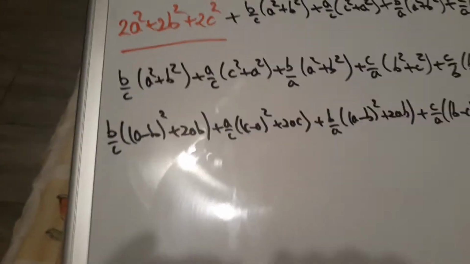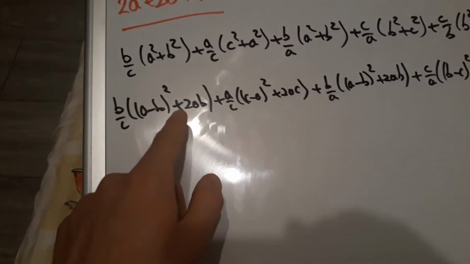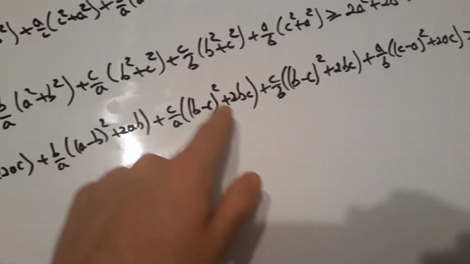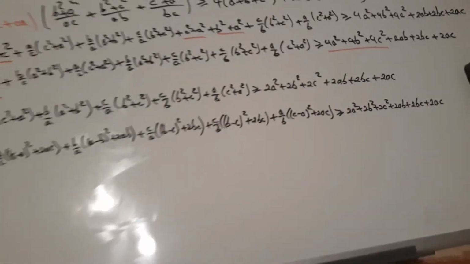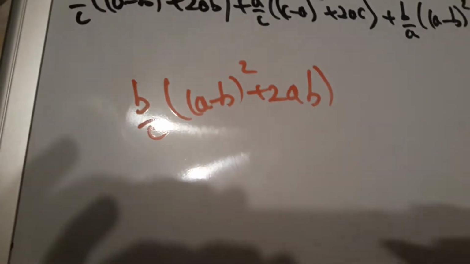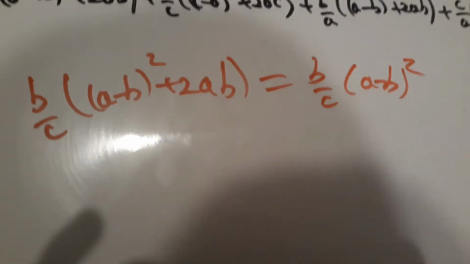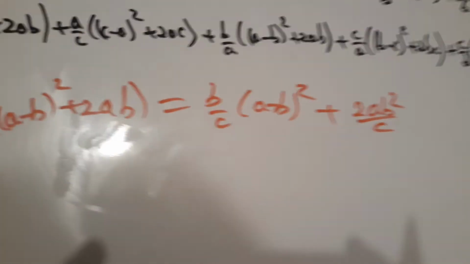As you can see here, a squared plus b squared is (a minus b) all squared plus 2ab. Next, I did the same. And now here we will multiply. For example, here we can write b over c times (a minus b) all squared plus 2ab squared all over c.